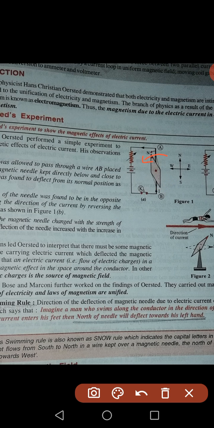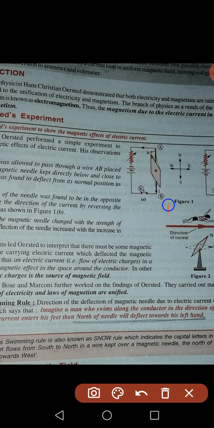It deflects. Now the question is, a magnetic needle is nothing but a magnet. So a magnet can deflect only when it is kept in a magnetic field. You have seen many times that if one magnet is there and you bring another magnet near it, then there will be either attraction or repulsion, and as a result the magnets will deflect.